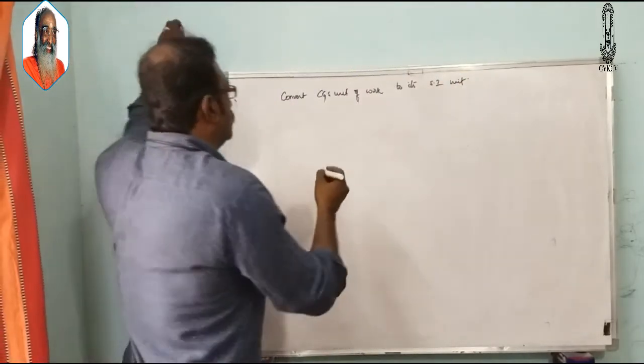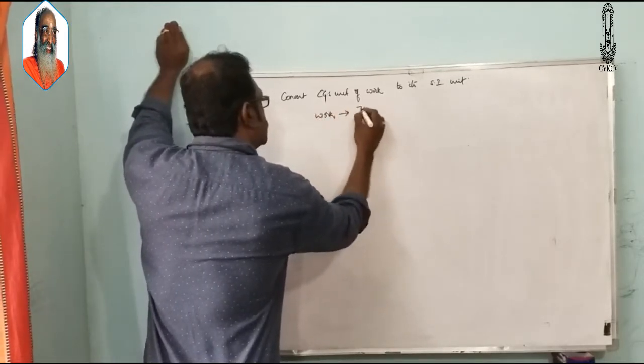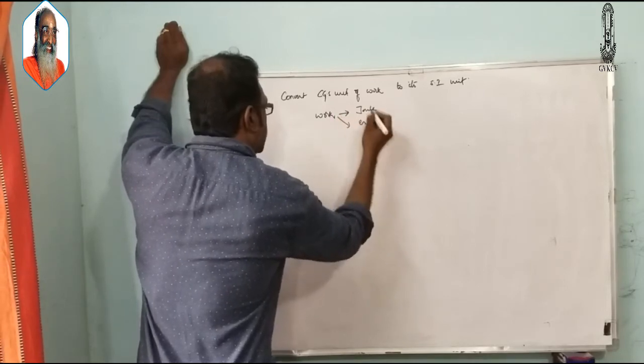We know for work, the SI unit is joule and the CGS unit is erg.